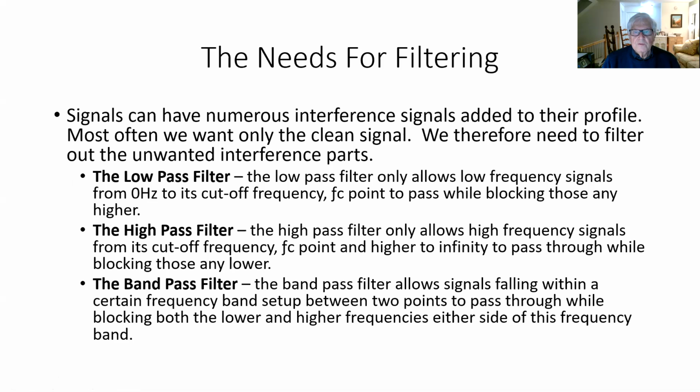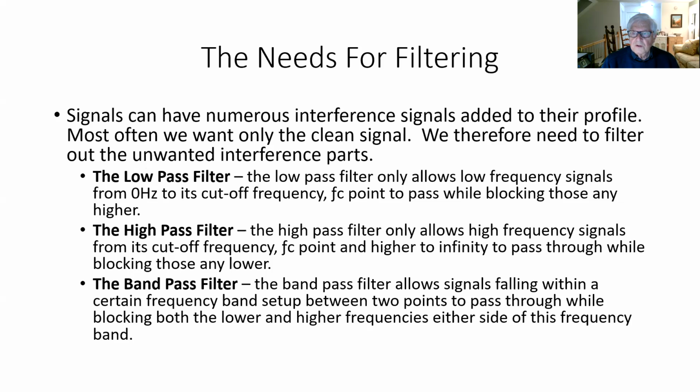So, we bring up the fact that when we pick up a signal, it's got a lot of noise in it. It's got a lot of extra stuff that we probably don't want. But we're interested in just one signal out of that. So we have to filter out the stuff that we don't want and just keep the stuff that we really do want. To do that, we use combinations of low pass, high pass, and band pass filtering. Low pass means that we pass along those frequencies that are low.